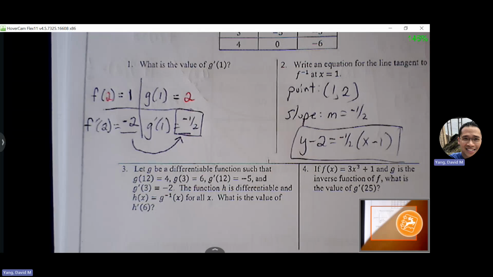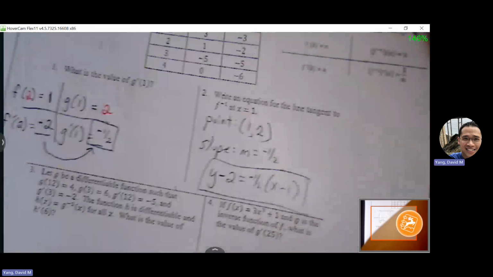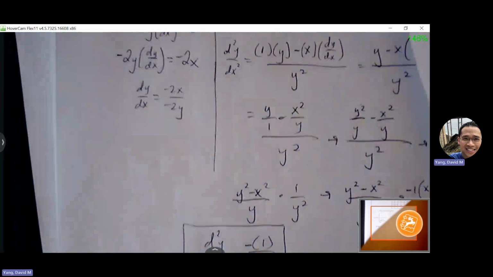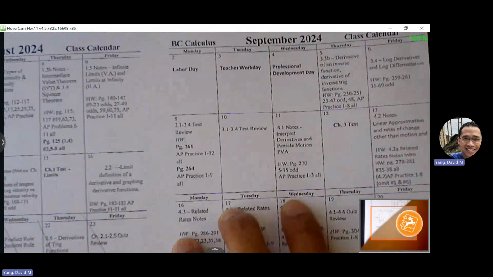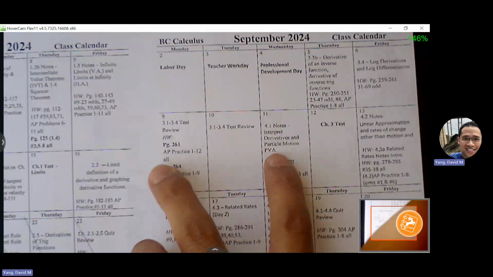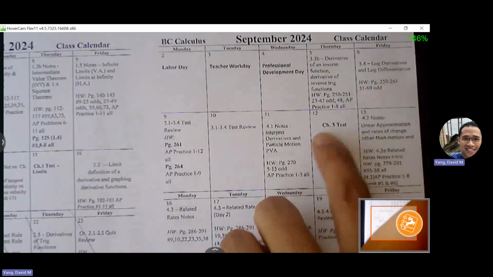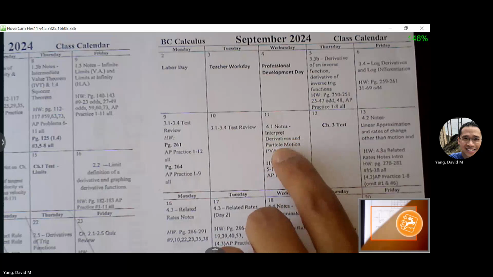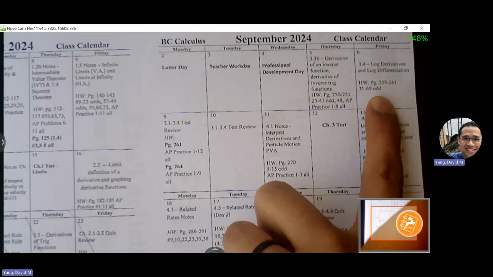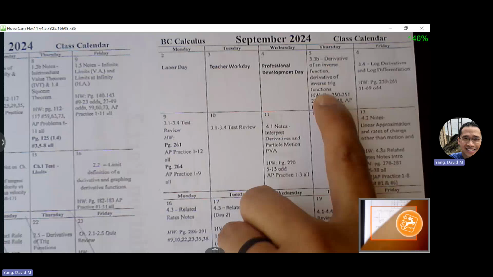Let me look at the calendar. It's just this and then log differentiation, and then inverse functions.